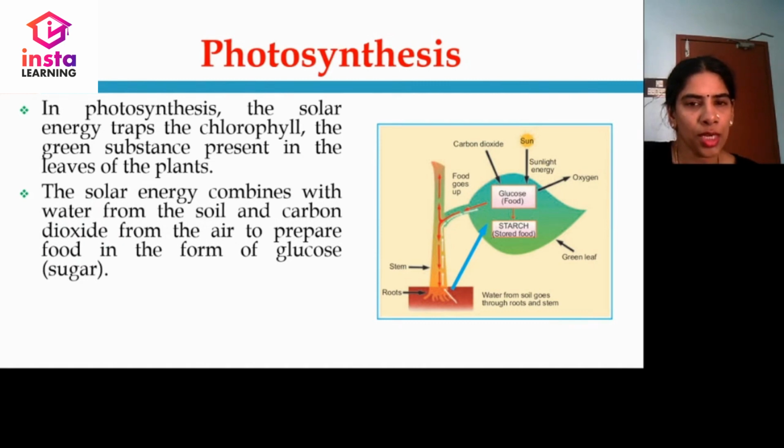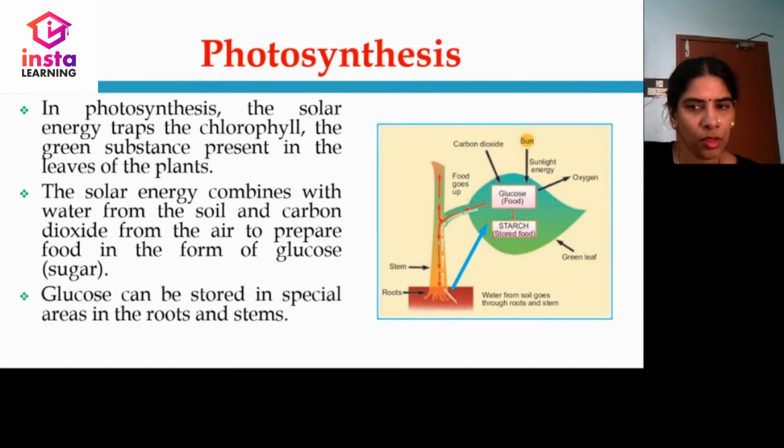The solar energy combines with water from the soil and carbon dioxide from the air to prepare the food in the form of glucose. Glucose is a sugar. Glucose can be stored in special areas in roots and stems of the plant.